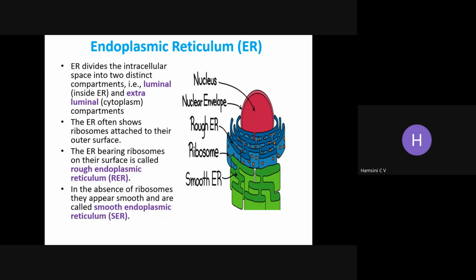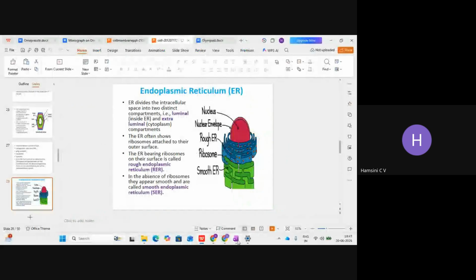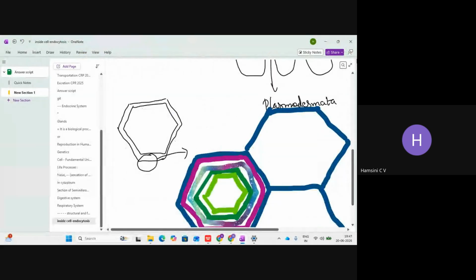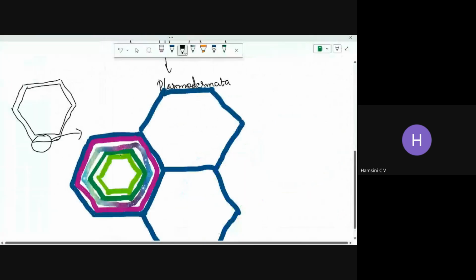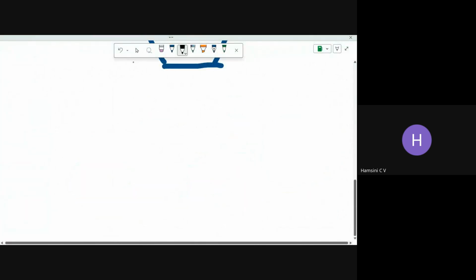Here, ER divides the intracellular space into two distinct compartments. What does this mean? See, if I take an endoplasmic reticulum, consider this is the cell nucleus.